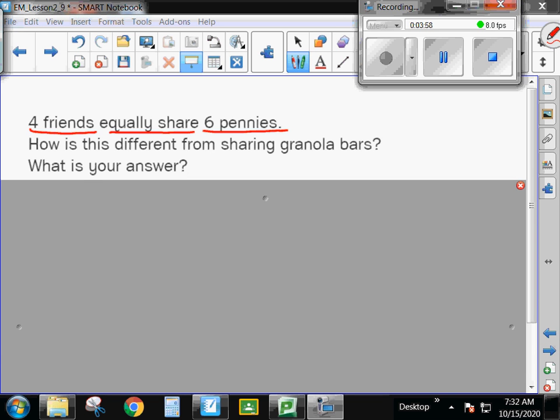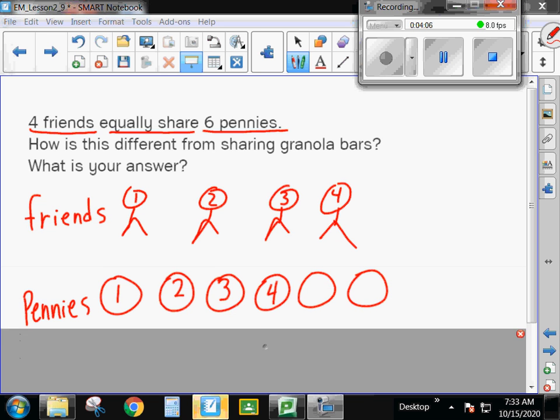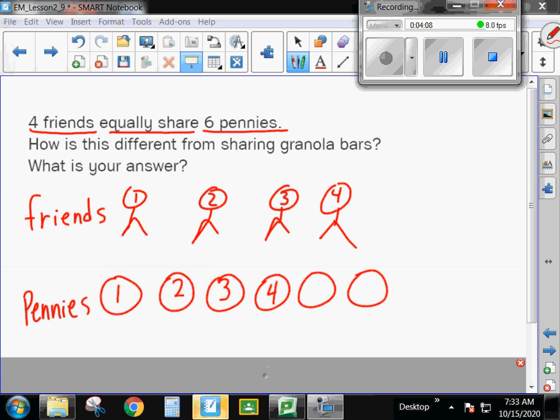Okay, so hopefully you sketched it out. If you don't have this sketched out, do that first. But here's a picture, and again, your picture might look a little bit different from mine, but I have taught this lesson enough times to know that this is the picture I see a lot. This time I even went ahead and labeled friends and pennies down here. It never hurts to label your quick little sketches so that you know exactly what you're talking about, or even a teacher or someone looking at your paper knows what you're talking about.